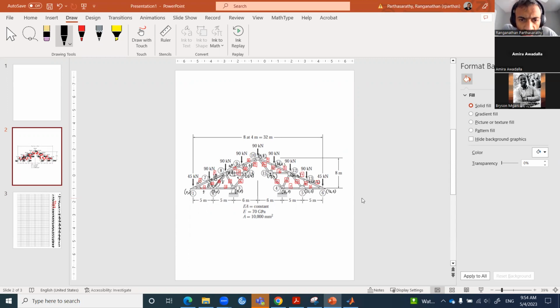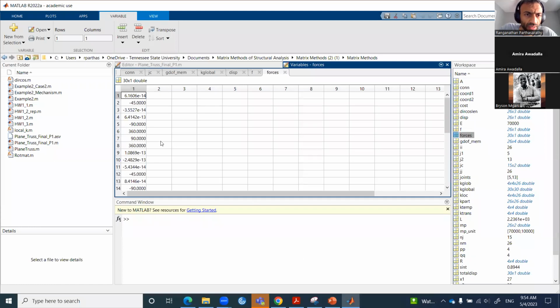So total is 720. So we should have 360 kilonewton at 3 and at 4. Let's check that. So at 3, we have 360. And at 4, 4 means 8, we have 360. Okay. So those two are matching. So the rest should be also matching. You can check member forces by hand.